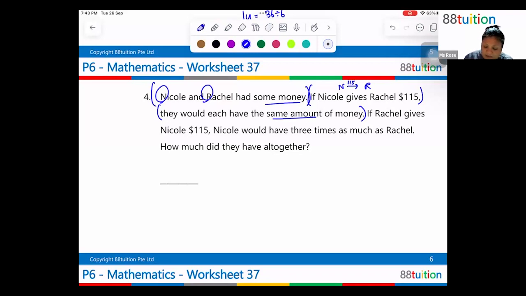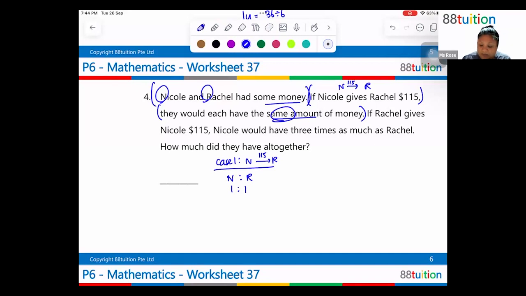So in case 1, Nicole gives Rachel 115. Because of that, they each would have the same amount of money. So between Nicole and Rachel, I'm going to put it as 1:1. That's the smallest.